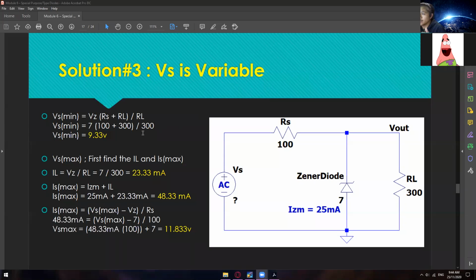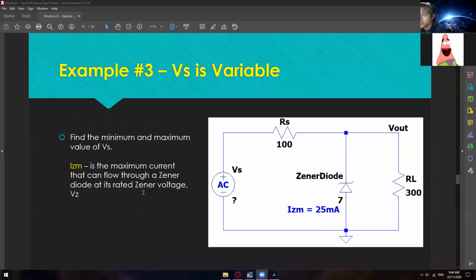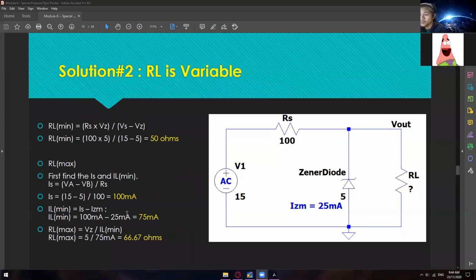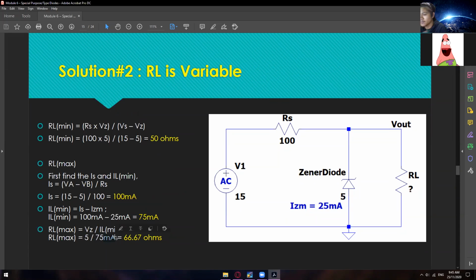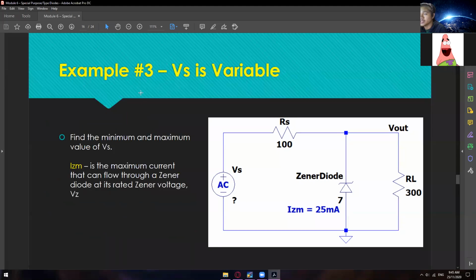So here's now the corrected PowerPoint or slideshow. In example number 2, I've already put 75 milliamps here. Before this was just 75, but right now it's 75 milliamps. Then another correction is this one: before this was example number 2, but right now I've changed it into example number 3.